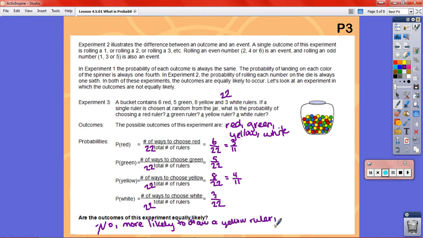So this is like the warm-up. In the warm-up there were different amounts of M&Ms, so you were more likely to draw a red one because there were more of them. Alright.